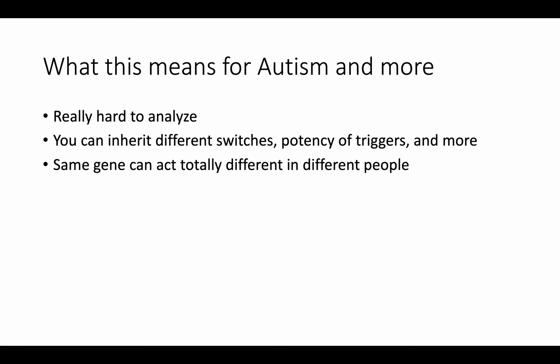Now, if it's so hard to analyze, how have we done it? Well, we've done it in really simple controlled systems, like flowers and corn that we've bred well. Humans are not that simple a system. We can't really breed them and do all these controlled experiments. And we're looking at one of the most complicated things, the brain, for which we don't have a good animal model of autism.